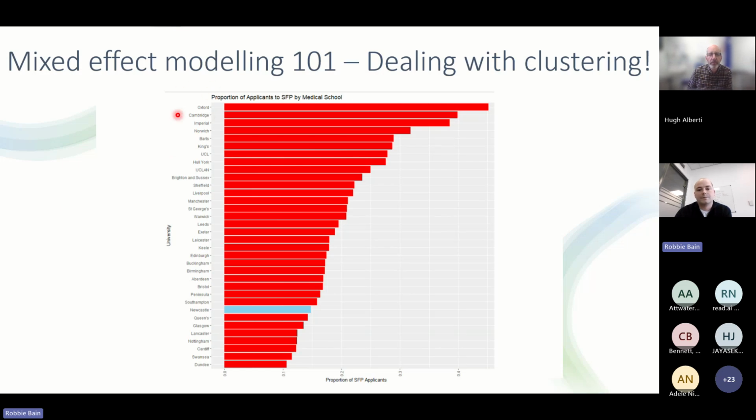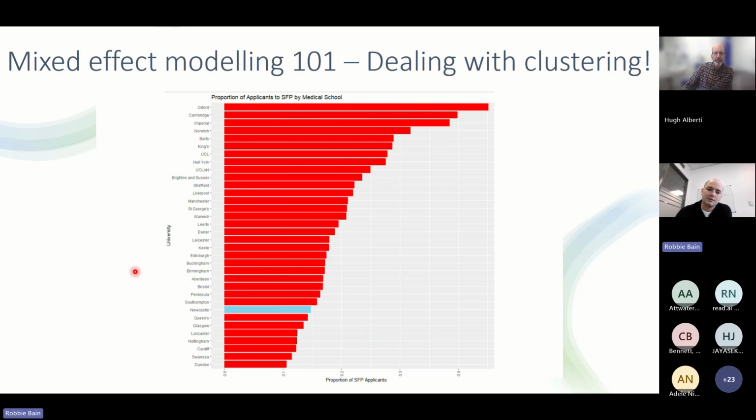Say, for example, those who go to Oxford or Cambridge have a much higher rate of applying to or entering the Specialised Foundation Programme than those who went to my institution or other institutions across the country. But the most important thing is that this is not an analysis of curriculum, and we know that there are curriculum biases. We want to highlight what other factors, apart from curriculum, draw people to and from these sorts of careers.